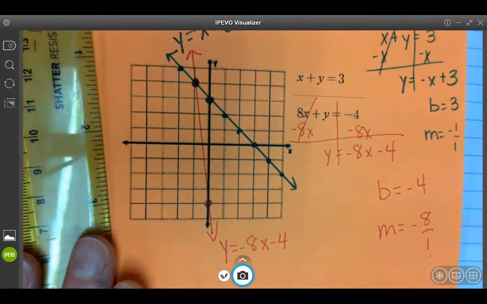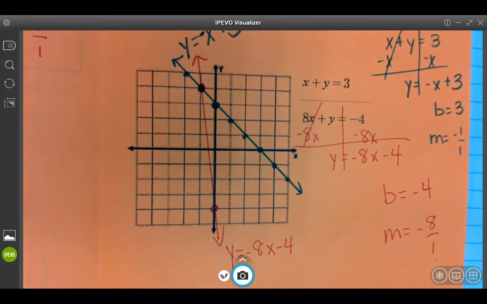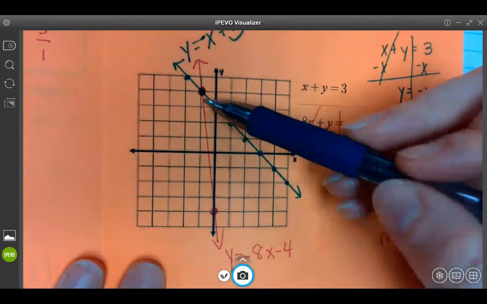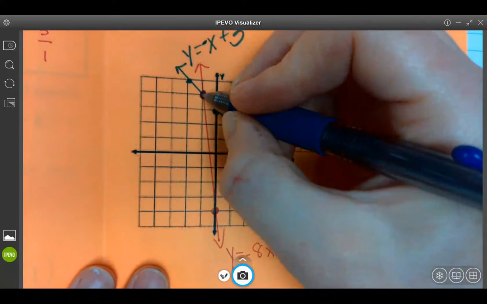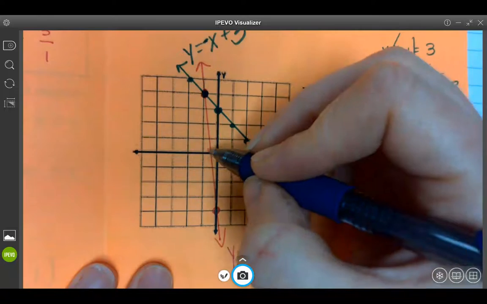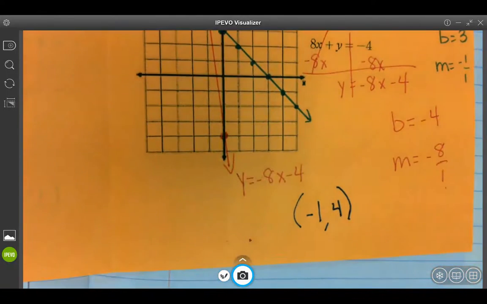Okay, so y equals negative 8x minus 4. Go ahead and name it. All right, so then we just need to write what the solution is. So this point right here, negative 1. Yep. Negative 1, 4 is the solution.